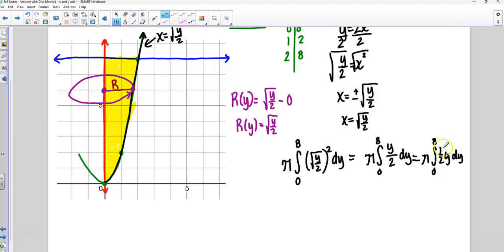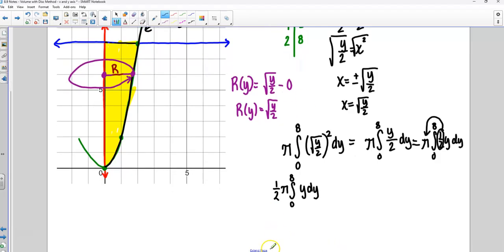So really, that 1/2 could even be pulled out front, right? So that would be pi over 2, integral from 0 to 8 of just y dy. If you leave it in, that's fine. It doesn't hurt anything. You're going to deal with it one way or the other.